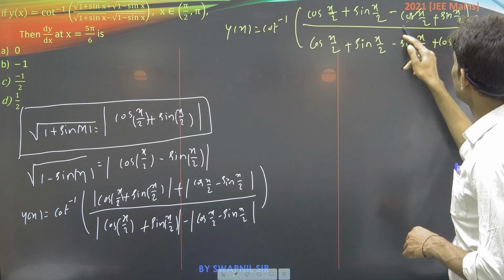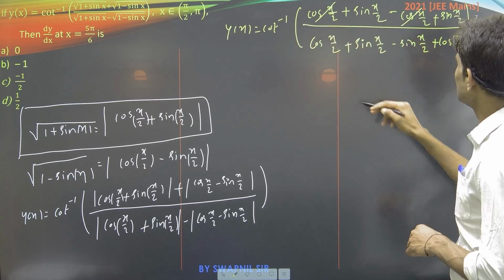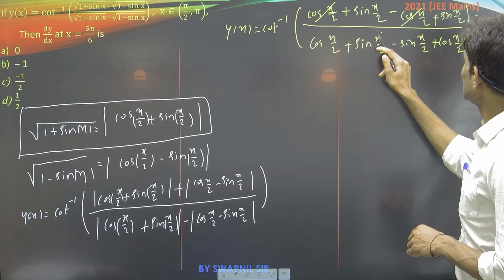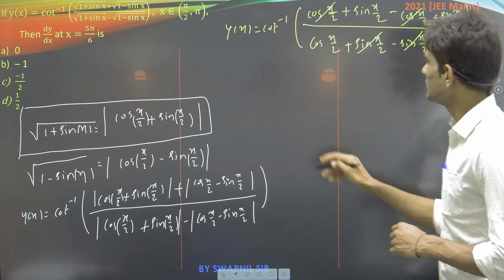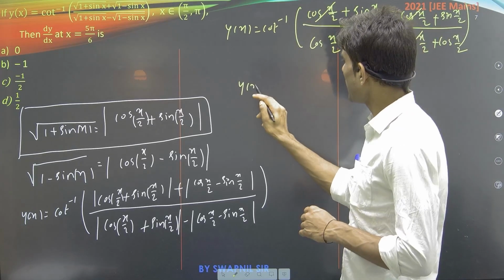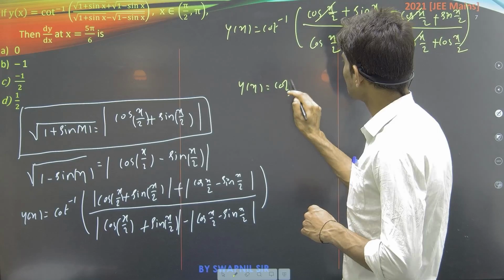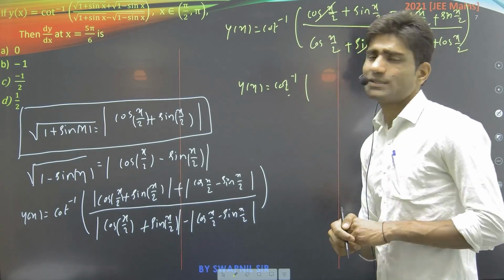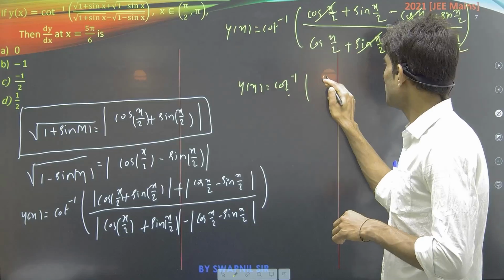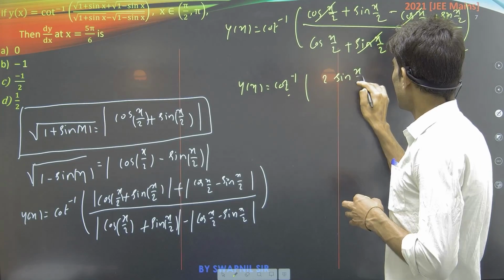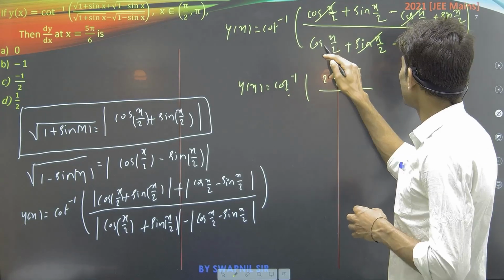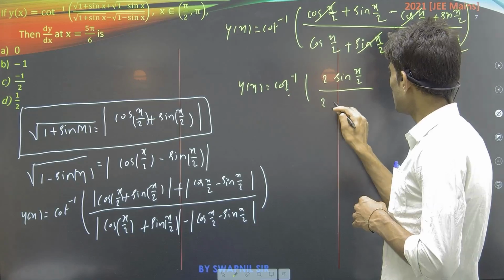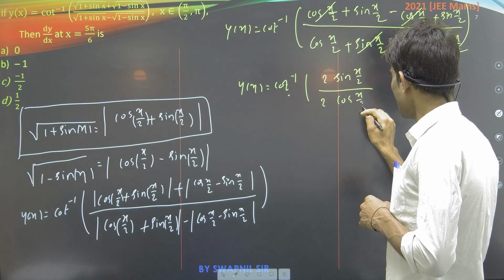Minus cos x by 2 and plus cos x by 2 cancel. After that, plus sin x by 2 and minus sin x by 2 cancel. So our left term, y of x, is equal to cot inverse of sin x by 2 plus sin x by 2, which is 2 times sin x by 2, completely divided by cos x by 2 plus cos x by 2, which is 2 times cos of x by 2.